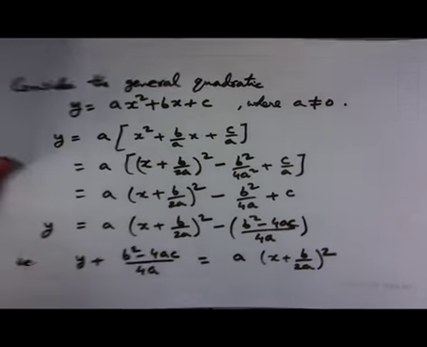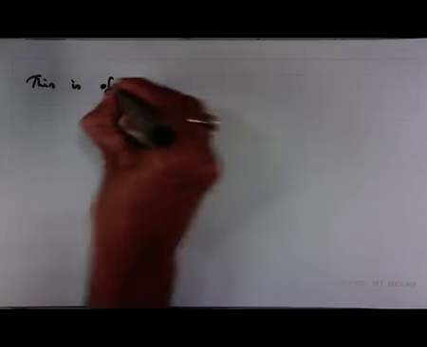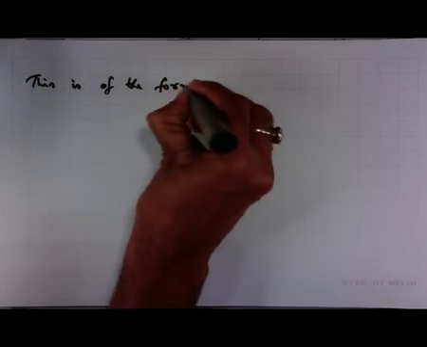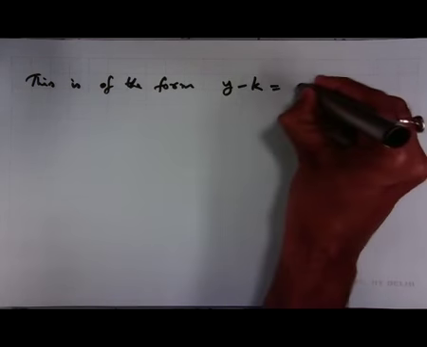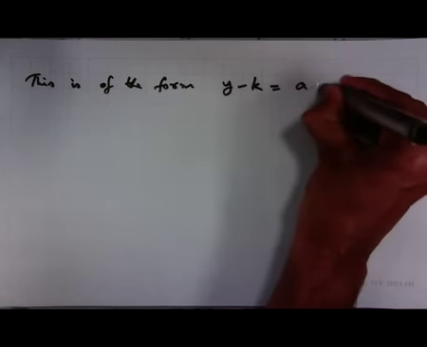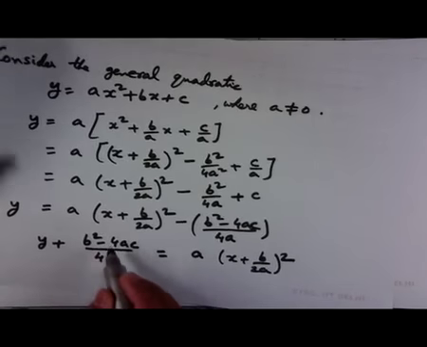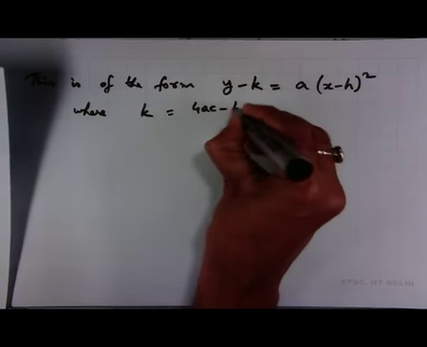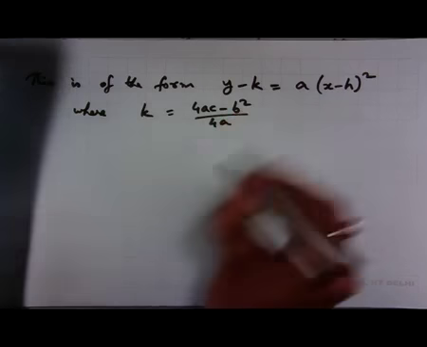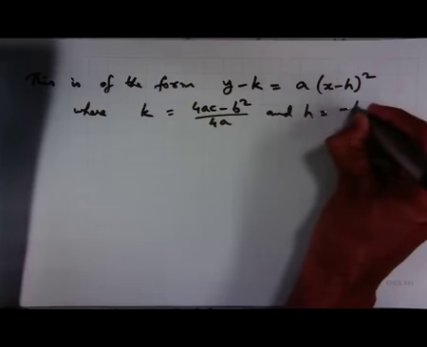So, this is of the form y minus k is equal to a times x minus h squared, where k is negative of this, so 4 a c minus b square by 4 a, and h is minus b by 2 a.